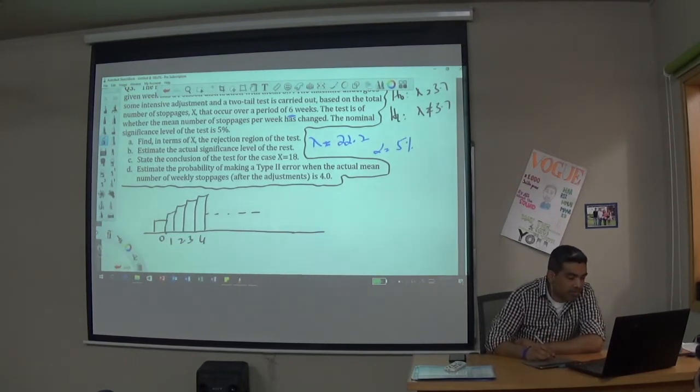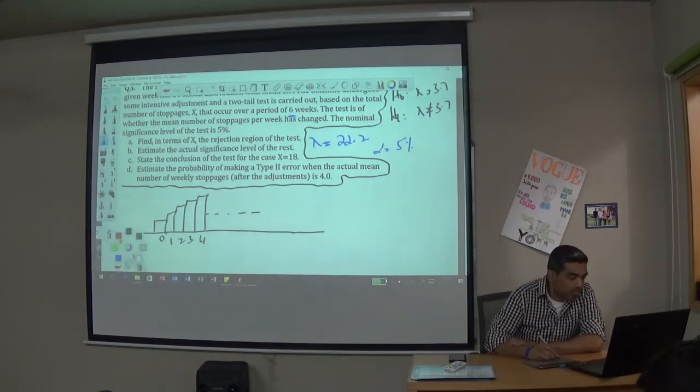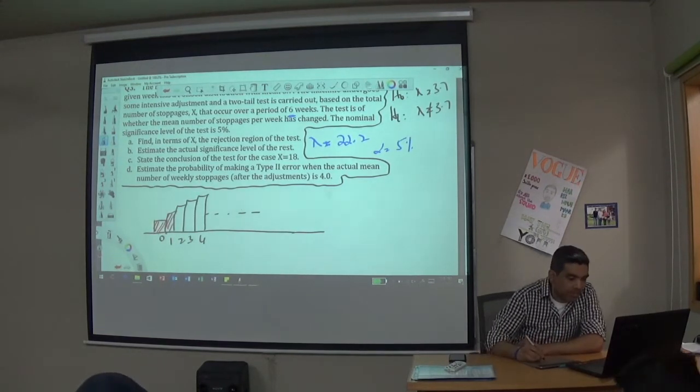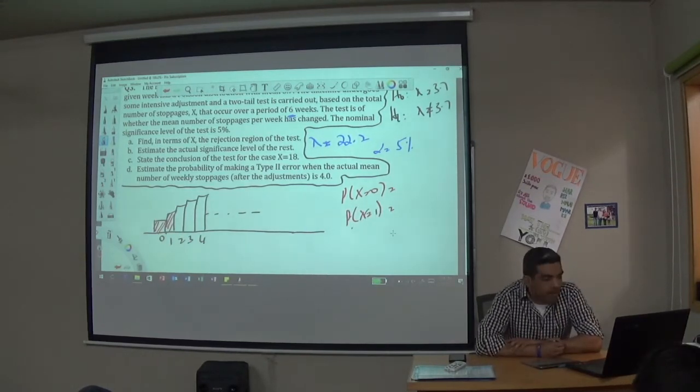So, can we find out the rejection region on the left first? So 0, 1 and so on. Let's add the probability of 0, get the probability of 1 and so on, and keep adding them and see that it should not go beyond 2.5%.